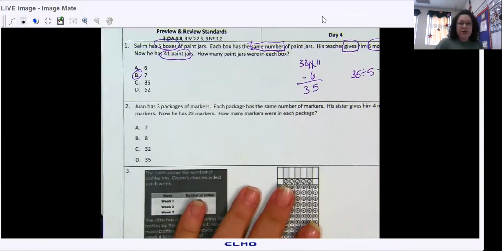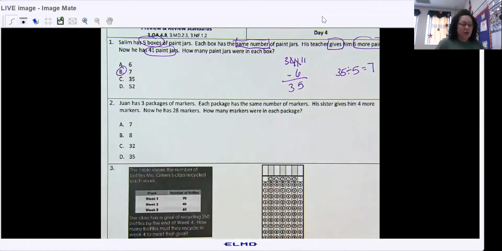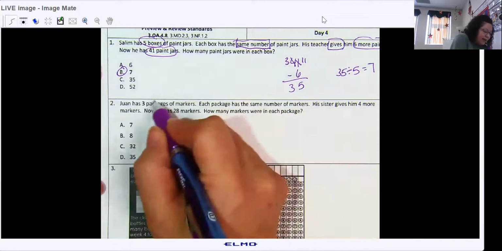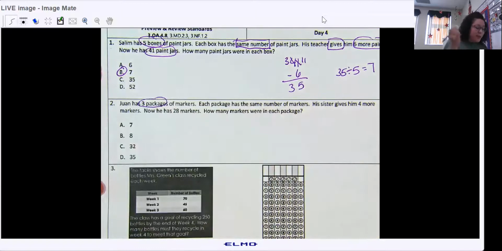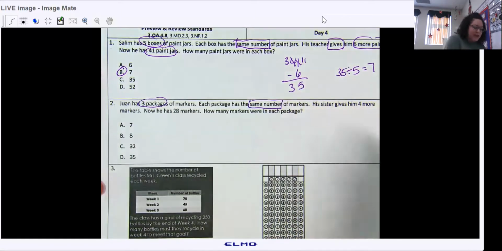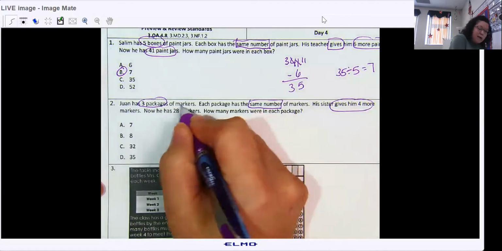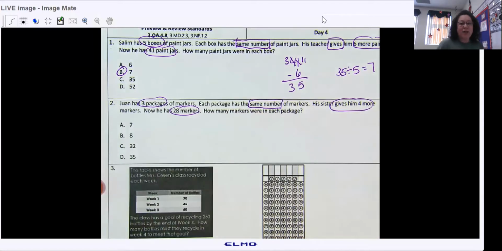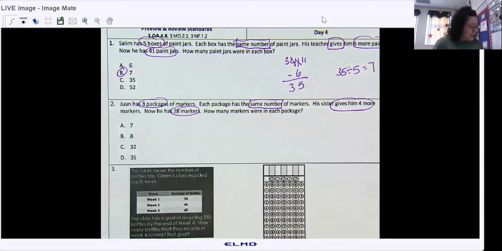All right, number 2. Juan has 3 packages of markers. Each package has the same number. His sister gives him 4 more markers. Now he has 28. How many more markers were in each package? This one is very similar to number 1.